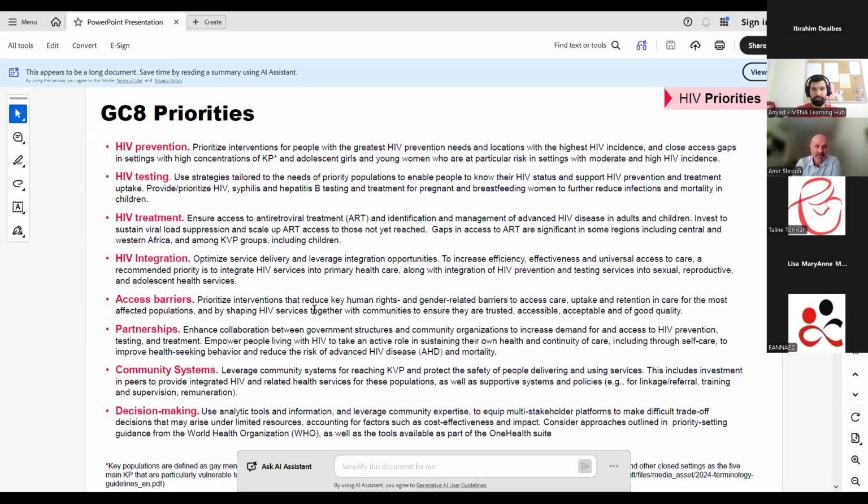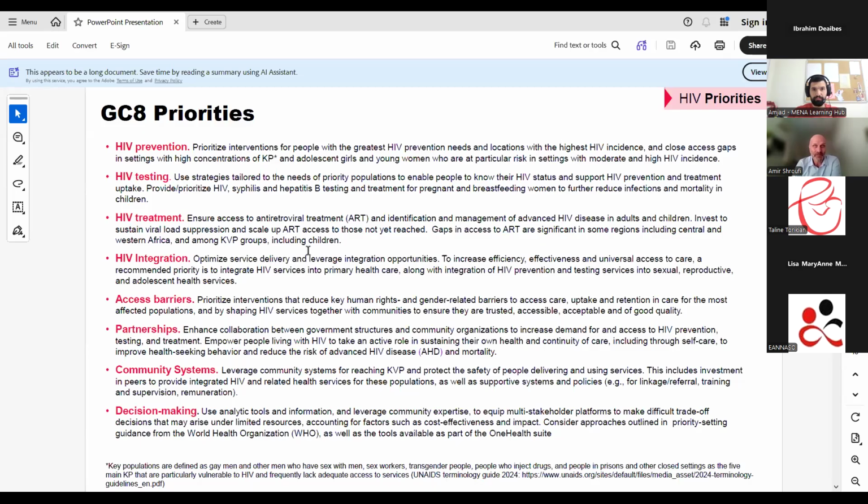With testing, a focus is around making sure that testing strategies are fit and appropriate for this stage of the epidemic. We know that we've seen testing positivity decline progressively year on year, but there are strategies like partner notification and social network testing that can still be really effective in helping to identify people with undiagnosed disease.